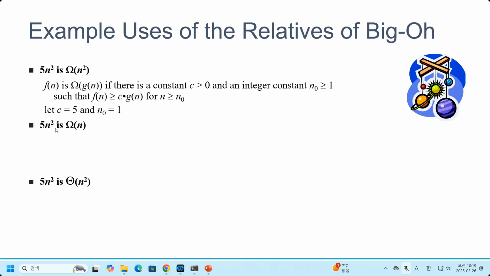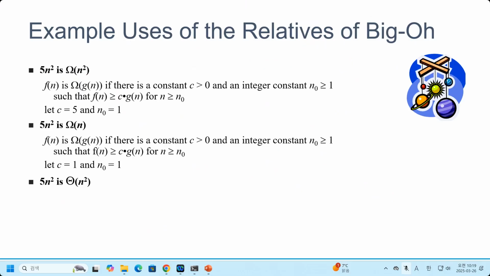What about this? 5n power 2 is big omega of n. This is also true, because f(n) should be greater than c g(n). In this case f(n) is n power of 2 and g(n) is n, so this function is greater than g(n).